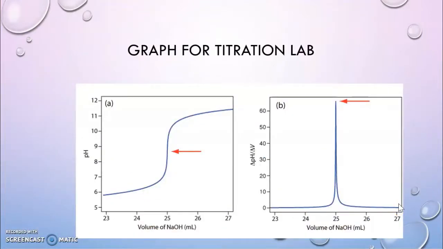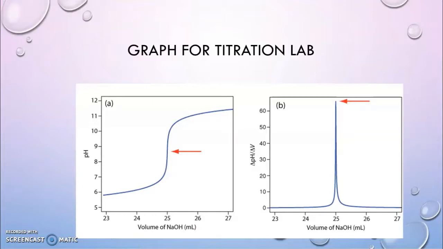In the experiment that you have conducted for laboratory 3, you need to derive the titration curve of pH against the volume of base that you use in order to determine the equivalence point.